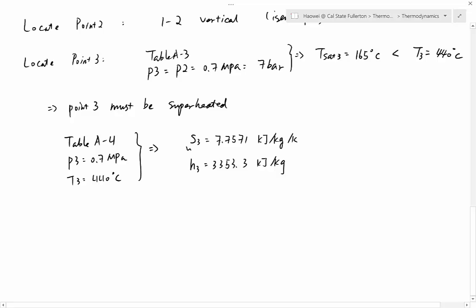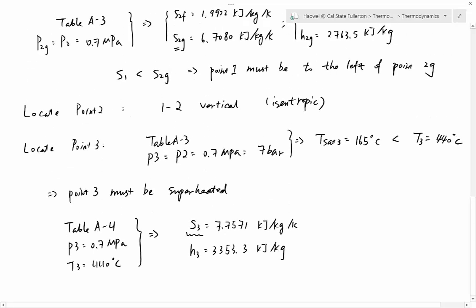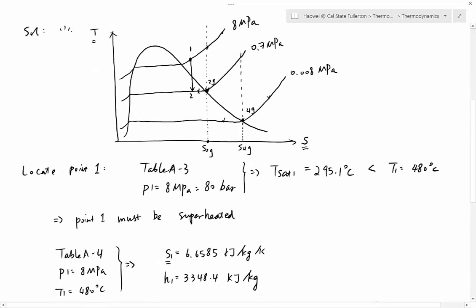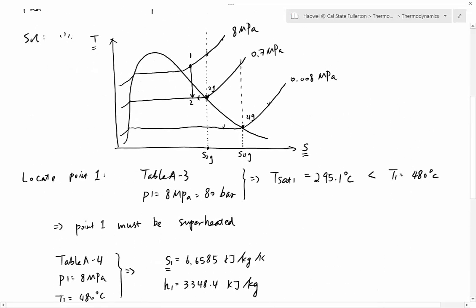So now first I have S3. And what is our reference? Our reference is S4G. Okay, what do we know about point 4G? We know point 4G is on this constant pressure line, which is 0.008 megapascal. So we start from the pressure and look for S4G.